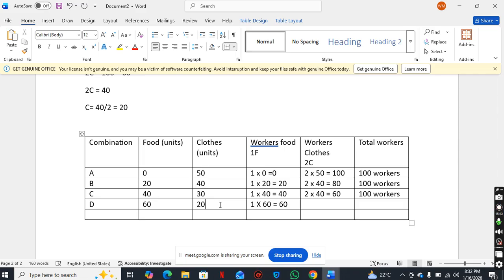So for 20 units, you're going to need 40 workers. Yeah, 2 times 20, that gives us 40. Total number of workers, 60 plus 40, 100 workers.